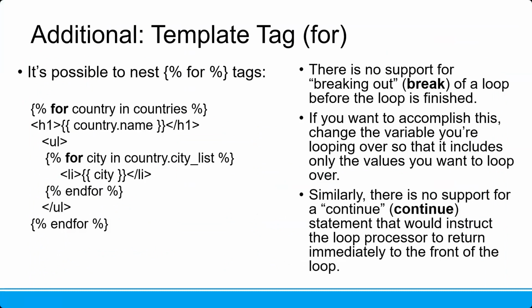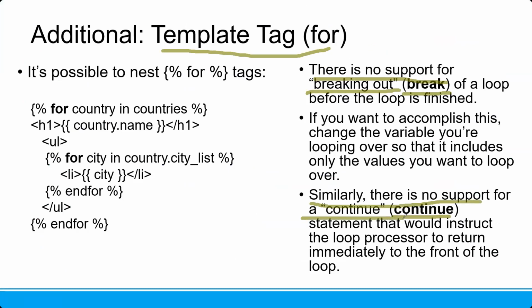If you learn Python, in Python you can see some additional syntax for for. It means you can use break, you can use continue. But in Django, the template tag for, there is no support for breaking out, and there is no support for continue.